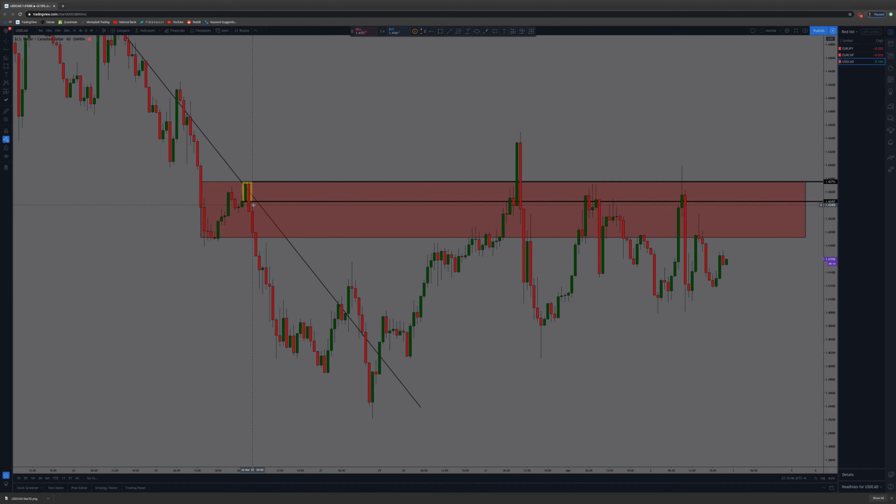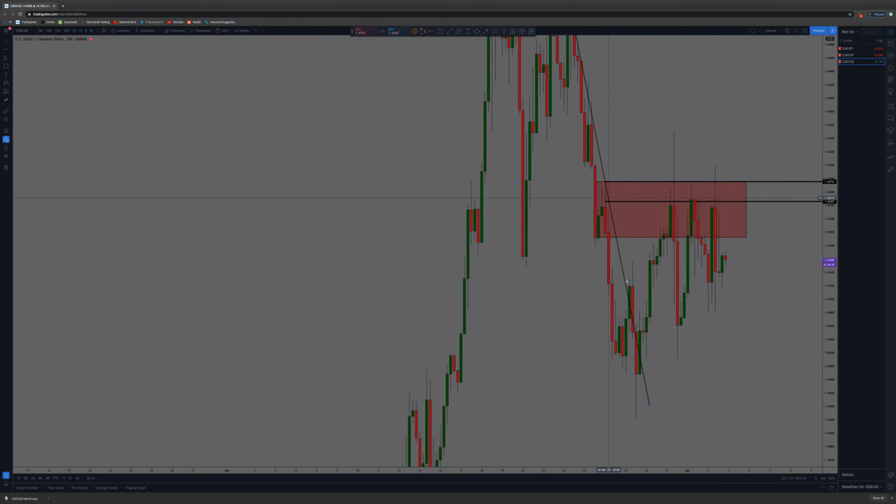So yeah, I noticed this 1 hour within the 4 hour supply. I would have liked it to come up to here from here, but whatever. Came all the way down here. I still took it because, like I said, it was on this nice downtrend all the way down here.